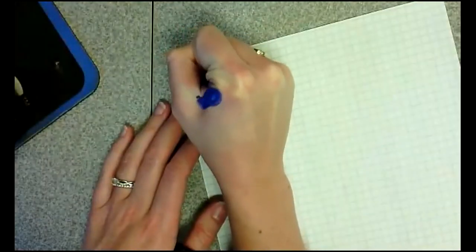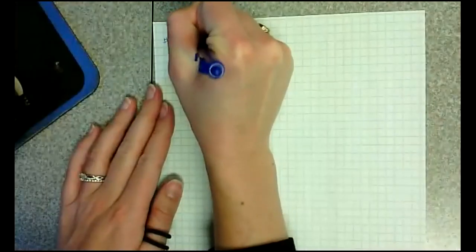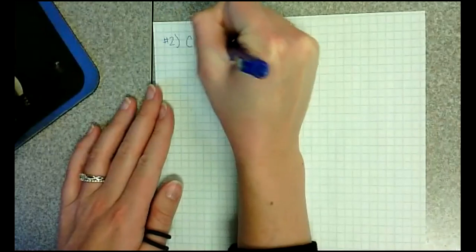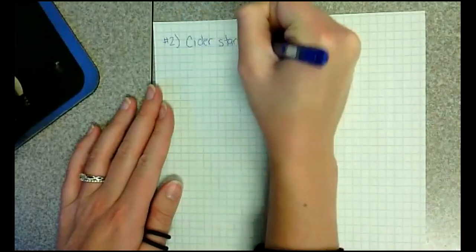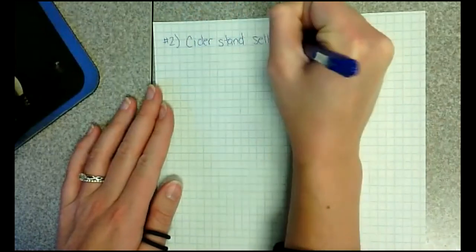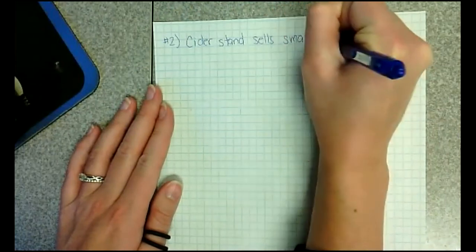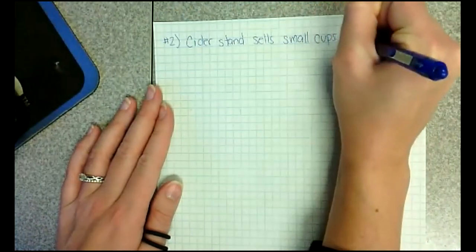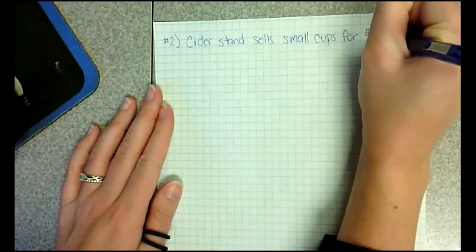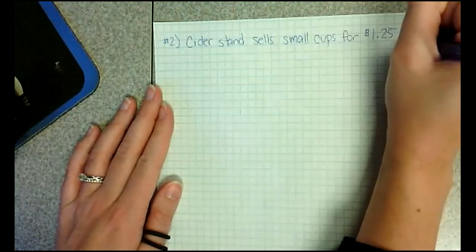All right, so the second example then, and if you weren't done with the first one, I'll post a copy of the key so you can go back and copy down what you missed. Okay, question 2, we're going to talk about a cider stand that sells small cups for $25.